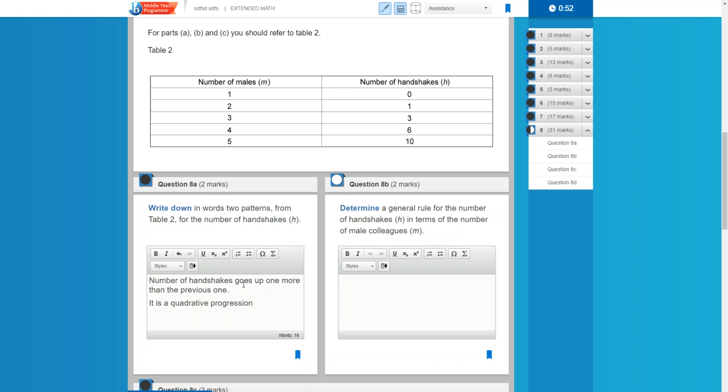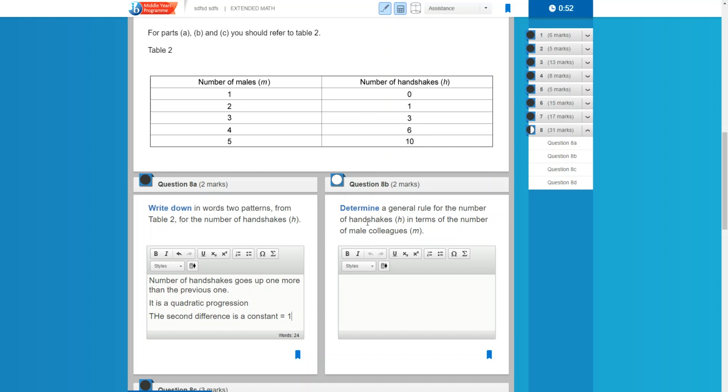We could accept quadratic. We could accept that the second difference is a constant. The first difference is 1, then 2, 3, 4, so the second difference is 1, okay? You need to have 2 things. You cannot say as the number of males goes up, the number of handshakes goes up, okay?